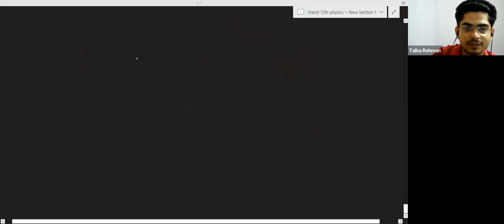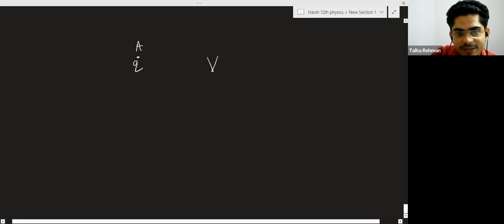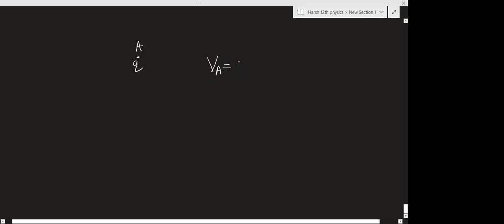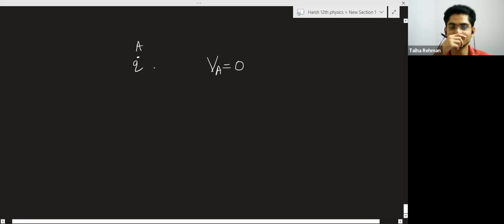Have you ever calculated the potential when this is a charge, and this charge is placed at A? Please calculate the potential at point A. No. So the potential is zero at the initial position. And if we apply the formula, what will happen?